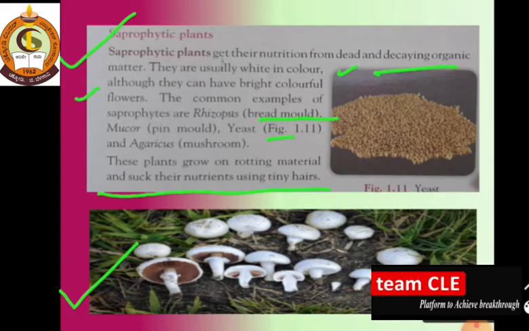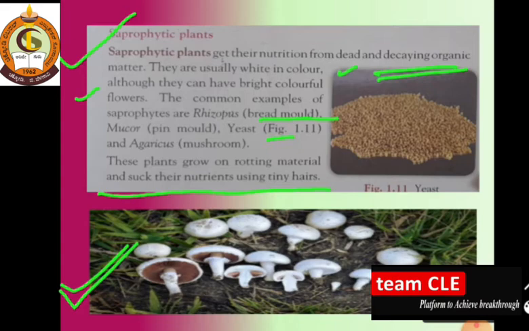Rotting means decayed material, so they are taking nutrition from the decayed material. This is one of the saprophytic nutrition where they take their food from dead and decaying organic matter. Another example of saprophytic plants is the mushrooms.